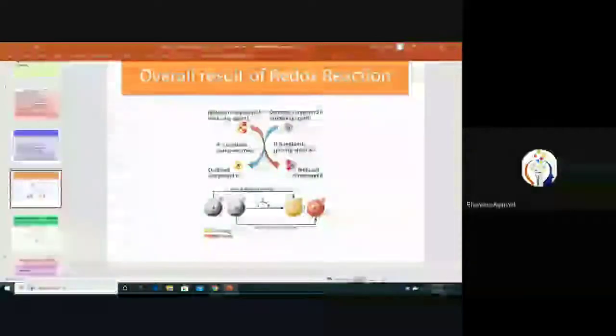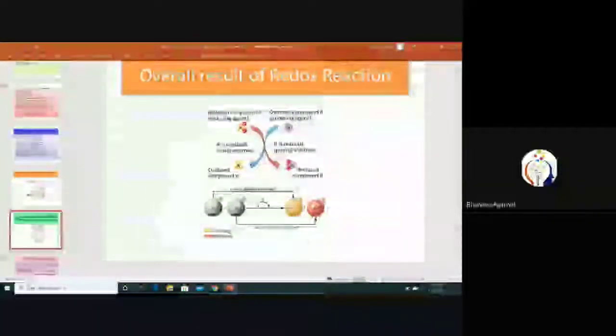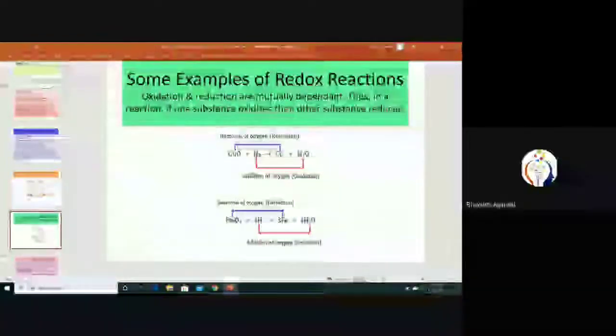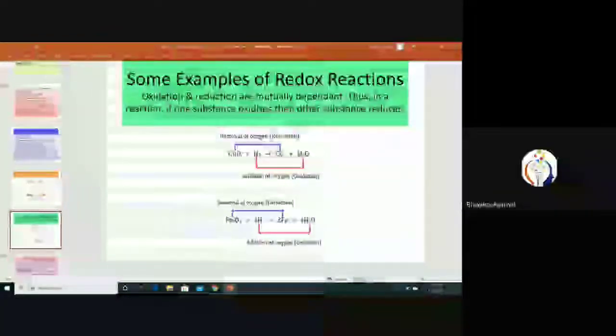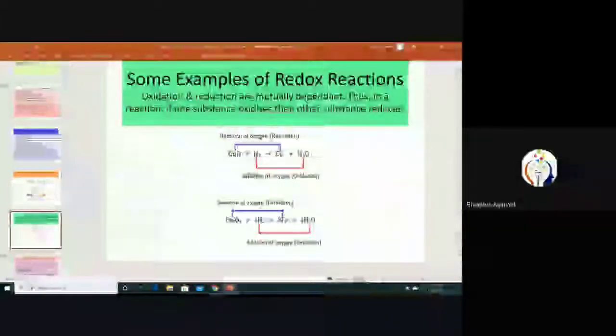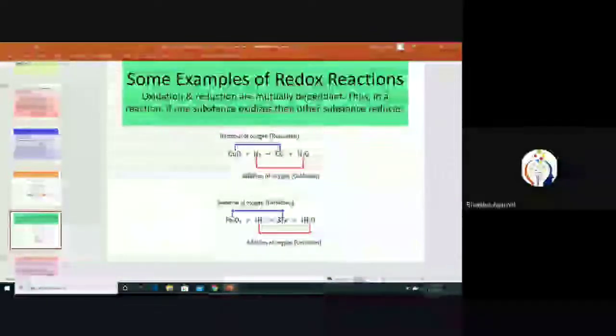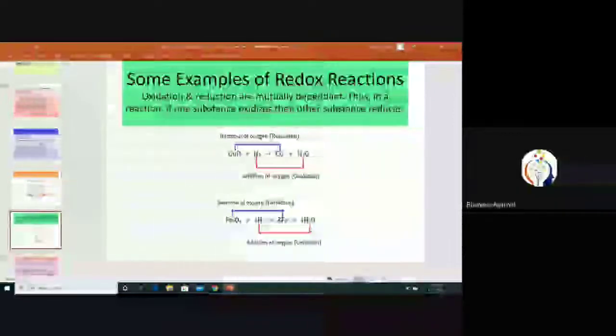Now some examples of the redox reaction. They are mutually dependent, because if one substance is getting oxidized, another one will be getting reduced. So in the first reaction, copper oxide reacts with hydrogen to lose oxygen to hydrogen. That means copper oxide gets reduced while hydrogen gets oxidized to water.